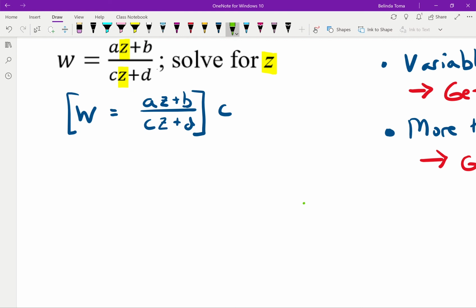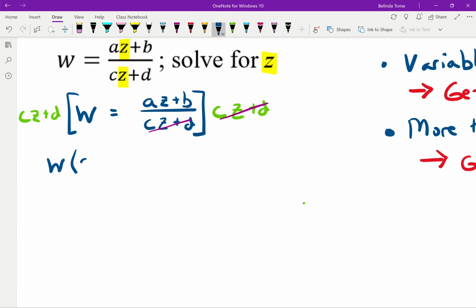Let's get that going here. And that's going to allow me to clear the fraction here, because I have CZ plus D over CZ plus D. And on the left, I'm just going to put the W in front.